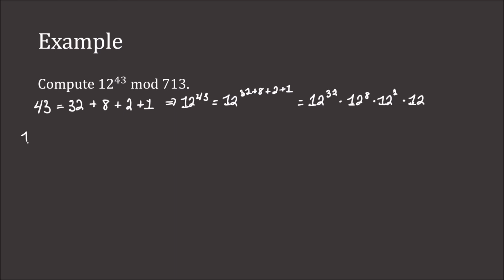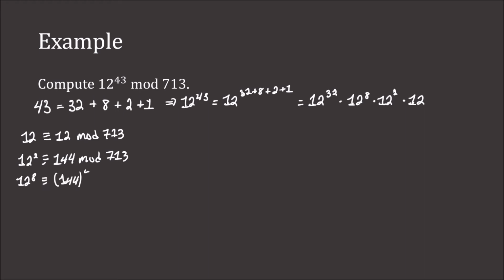So 12 is simply congruent to 12 mod 713. 12 squared is congruent to 144 mod 713. 12 to the 8th would be congruent to 144 to the 4th power, since it's 12 squared to the 4th.